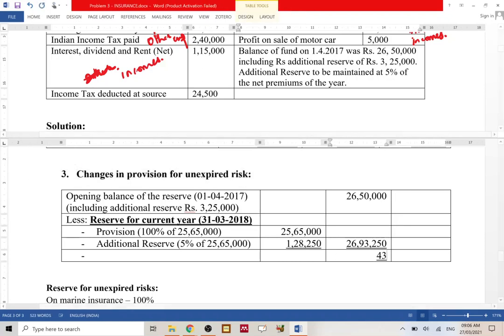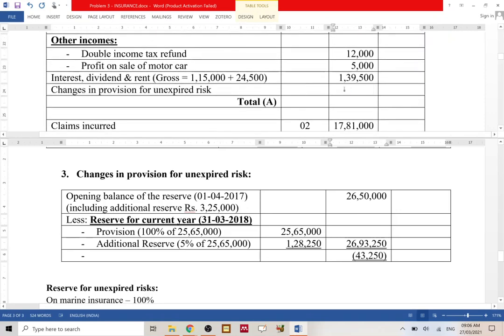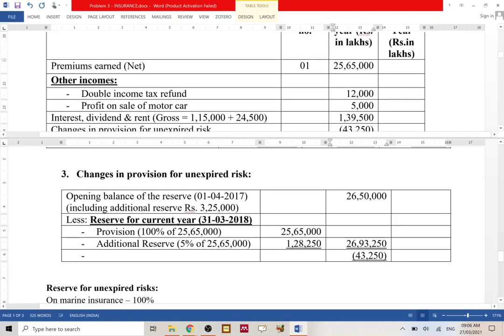In this case the difference we are getting is 43,250, but a negative figure. That means current year's reserve is clearly more than the previous year's reserve. Fine. So where does this go? This amount will come here as changes. 43,250 negative balance, so clearly it will be minus.